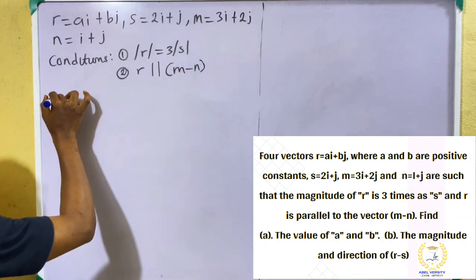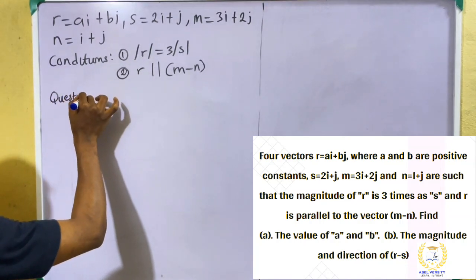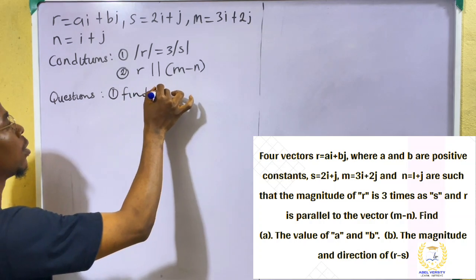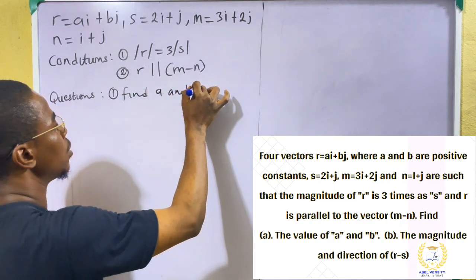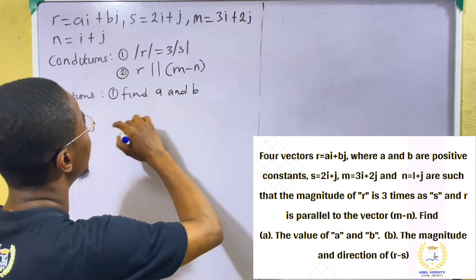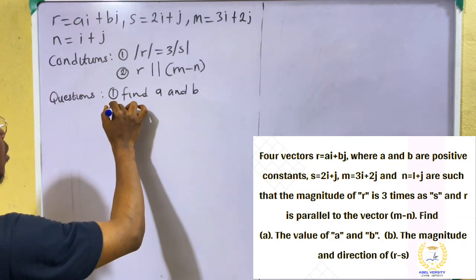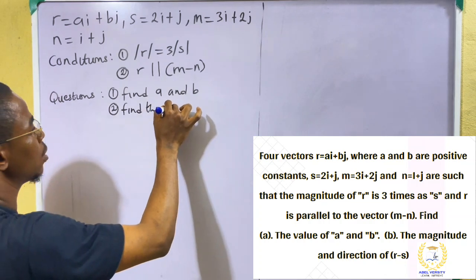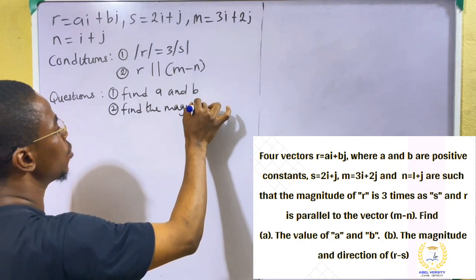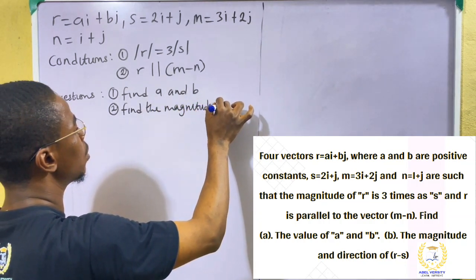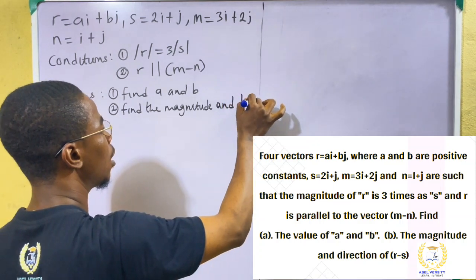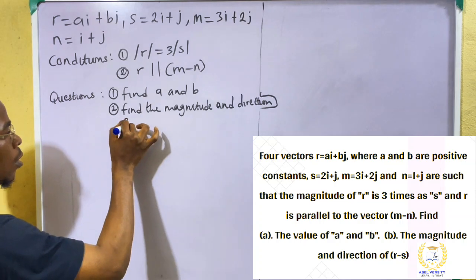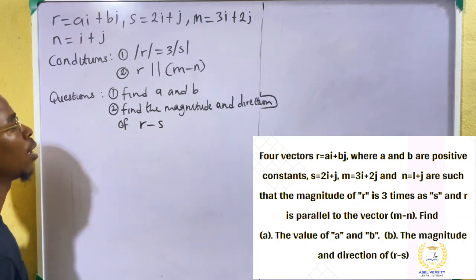And then the questions: find a and b in vector r. And then the second one says find the magnitude and direction of r minus s.